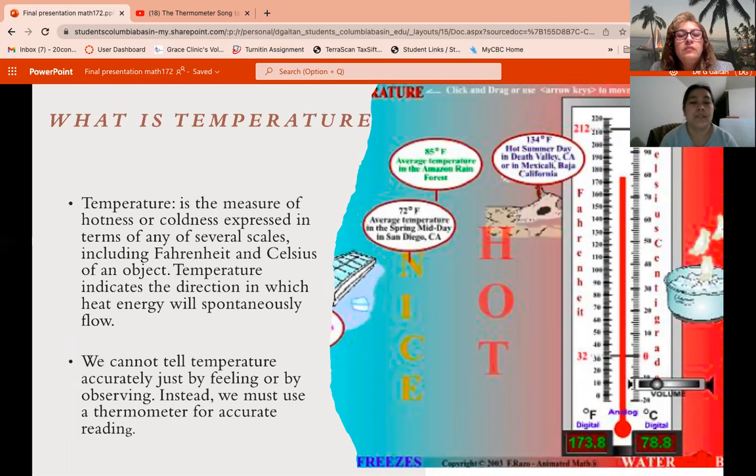Temperature indicates the direction in which heat energy will spontaneously flow. We cannot tell temperature accurately just by feeling or by observing.